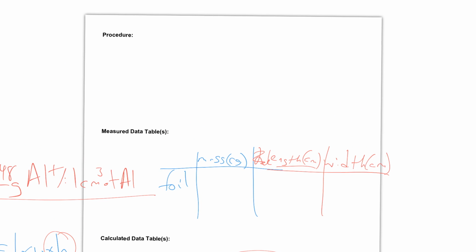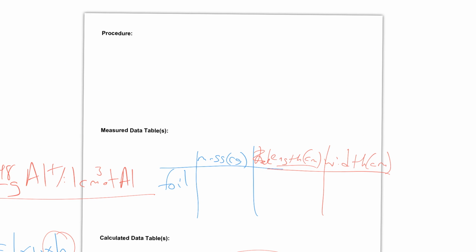Now we just have to go back up and design a procedure to solve for all of these things over here. We're going to have to figure out how much foil we're going to use, and we probably want to use a variety. So we're going to cut maybe a 5 centimeter by 5 centimeter piece of aluminum, a 10 centimeter by 10 centimeter piece, and a 15 by 15 centimeter piece.